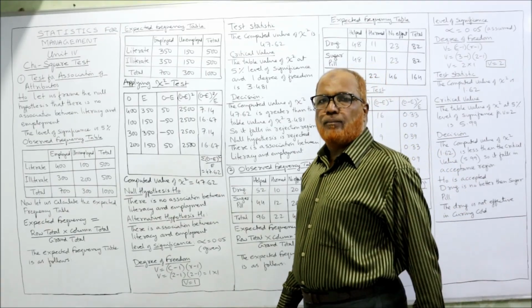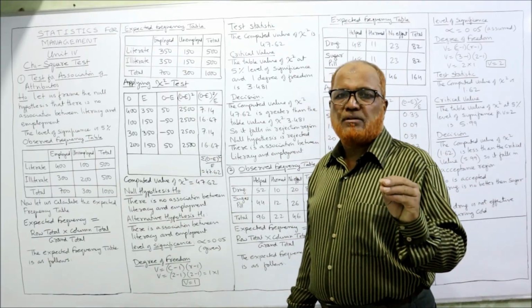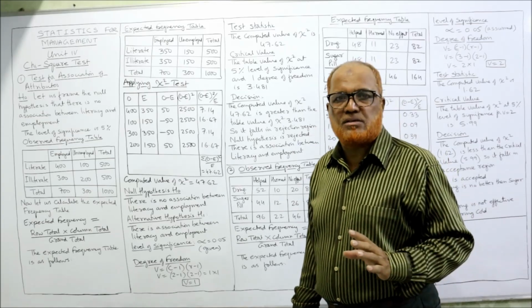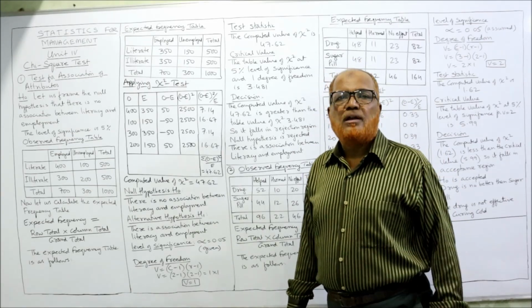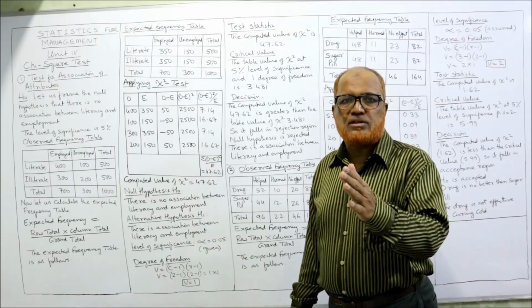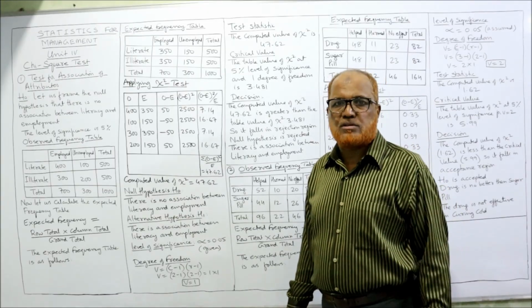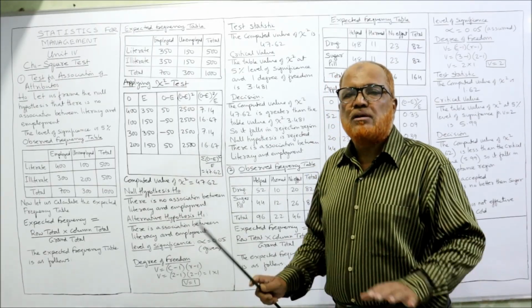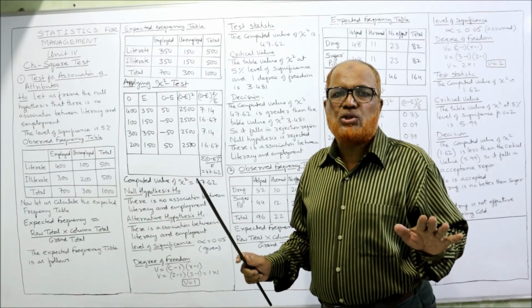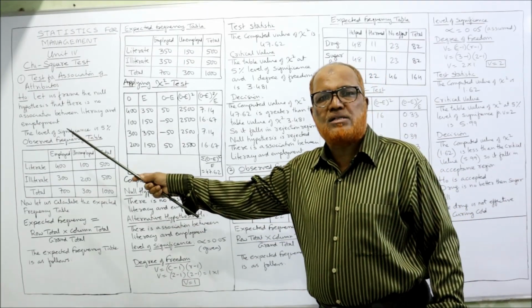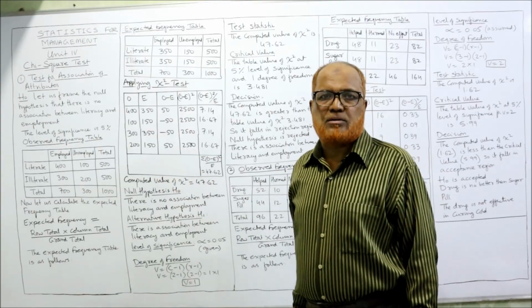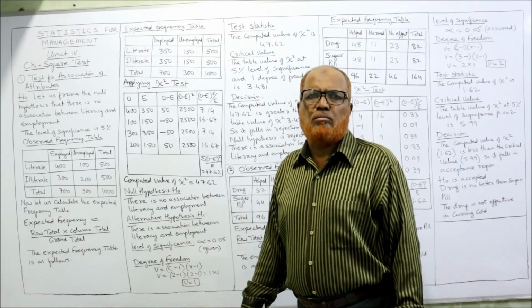Now we write down. There are 6 steps in testing the hypothesis. The first step is laying down of null hypothesis and alternative hypothesis. The null hypothesis: there is no association between literacy and employment. No relationship at all.